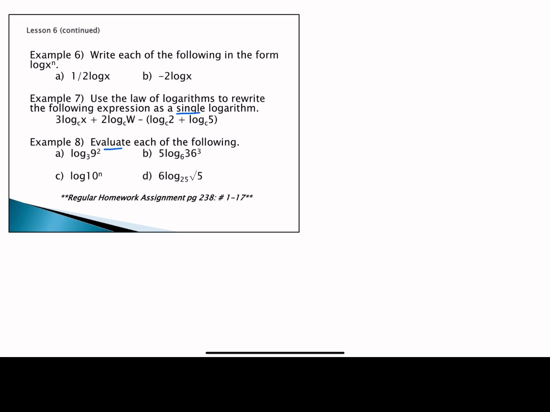With part B, you can take a very similar approach. As long as you're using these laws correctly, it doesn't matter what combination you put them in. So here we've got 5 log base 6 of 36 to the power of 3. If that power of 3 is bugging you, go ahead and move it out front. What happens is there's already a coefficient there, so those two get combined using multiplication.